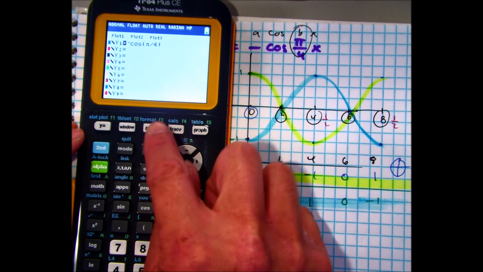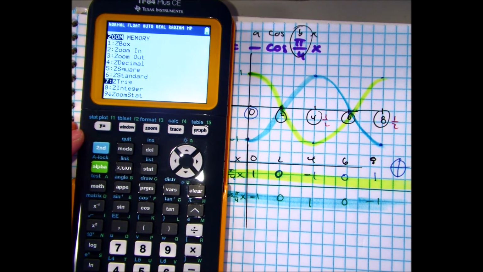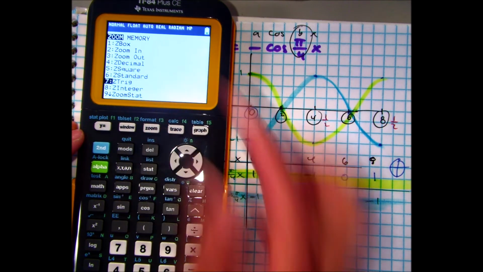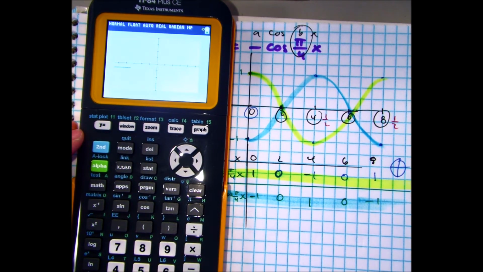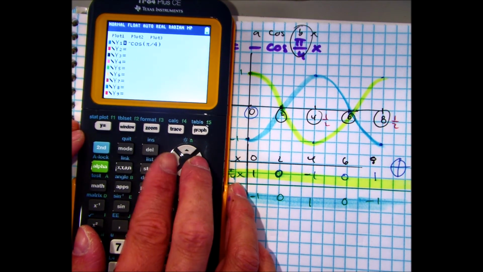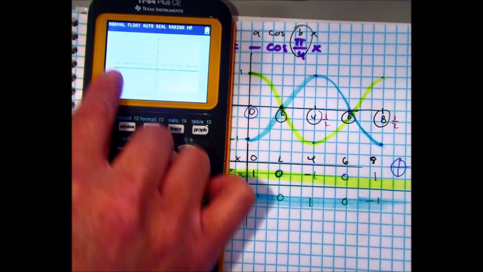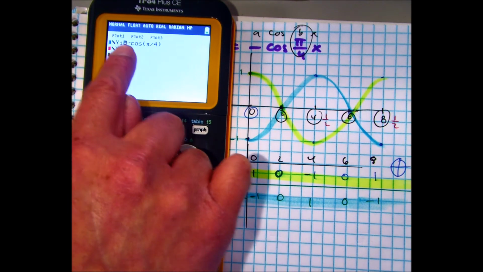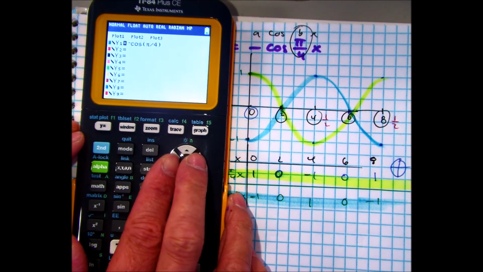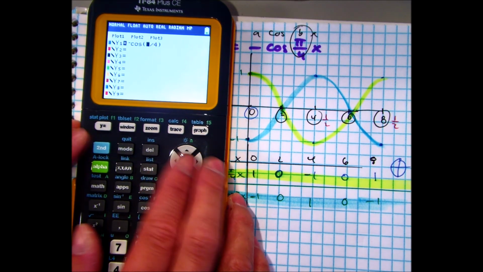Now, if I press zoom, and I go down to number 7, it says zoom trig. So it's actually going to give you the quadrantals here. Let's see what happened. The reason why I graphed a constant is that I forgot my x. Let's make sure we're really clear on that.